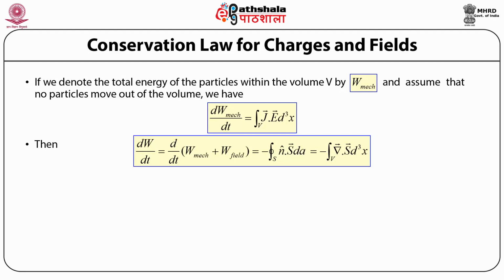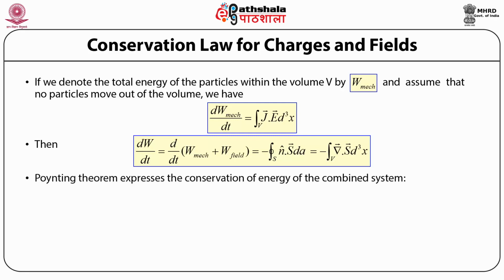And then using Gauss's divergence theorem, the surface integral can be converted into a volume integral and can be written as minus the volume integral over d³x of the divergence of the Poynting's vector S. So in this sense, the Poynting's theorem expresses the conservation of energy of the combined system.